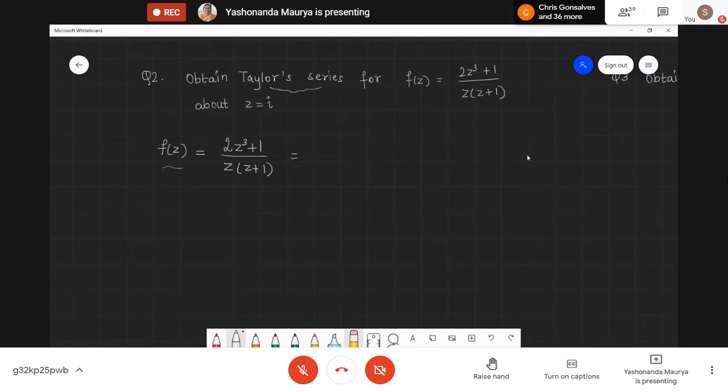And what will be the simplification? This function is analytic everywhere except at which points? Zero and, yeah, minus 1. Points 0 and minus 1. So can I separate those 2 points?